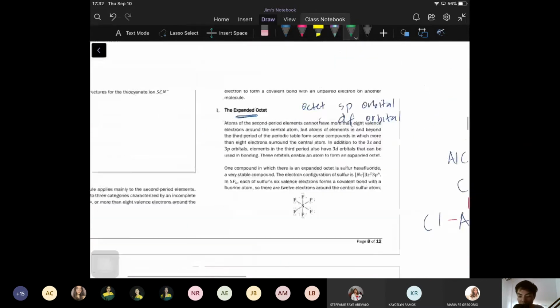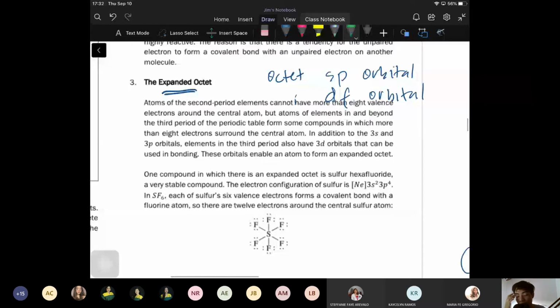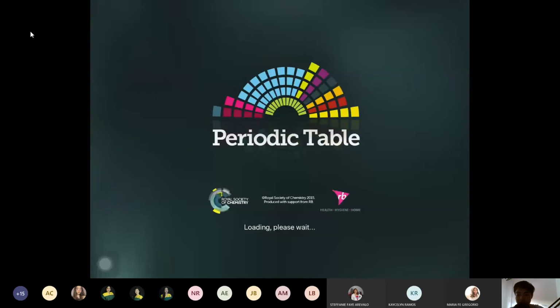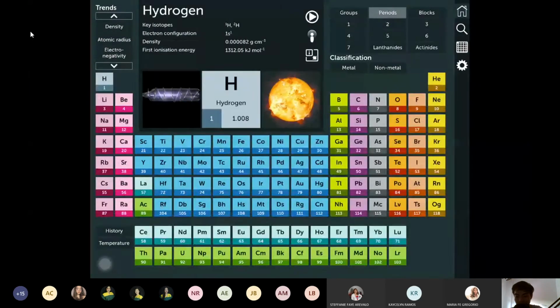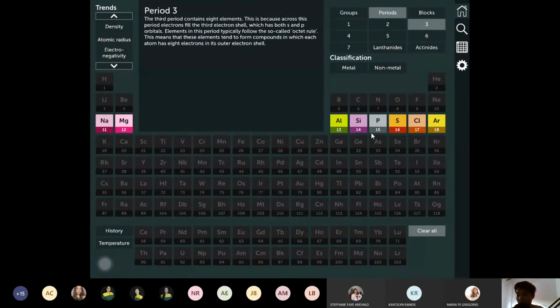Then, third one, we have the expanded octet. So, if you have central atom that is in the third energy level, pag nasa third energy level yung atom nyo, etong mga phosphorus, sulfur, chlorine, argon, and pababa.